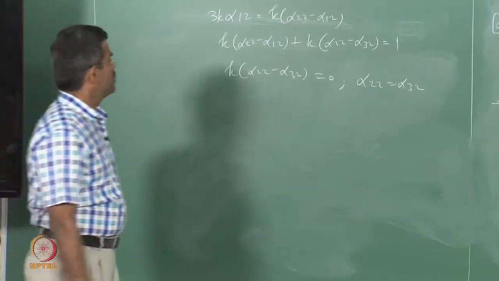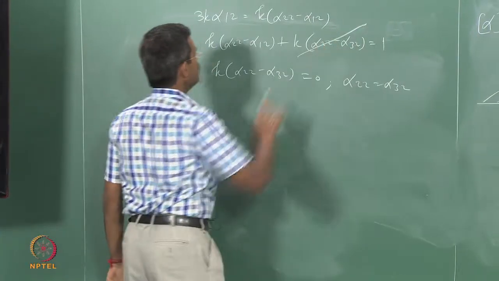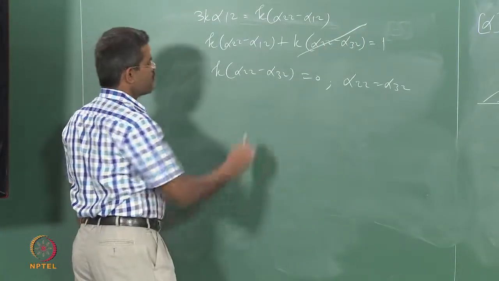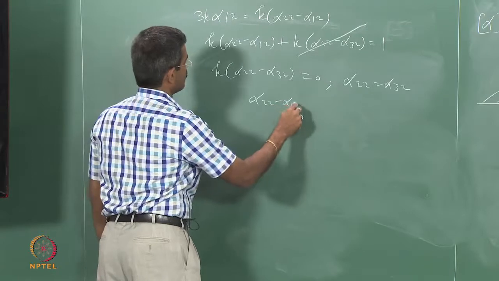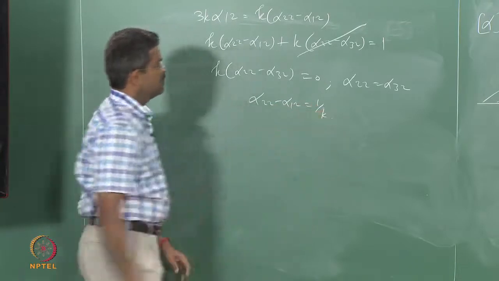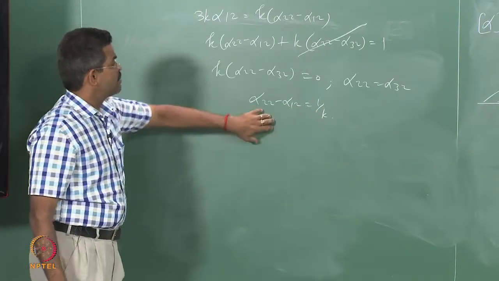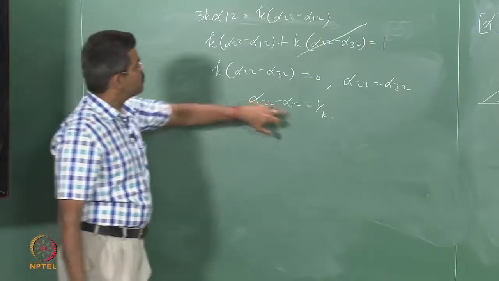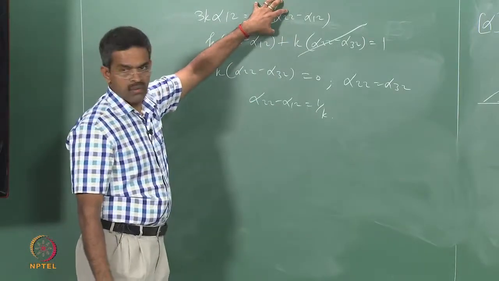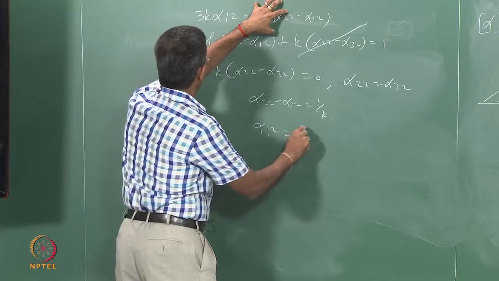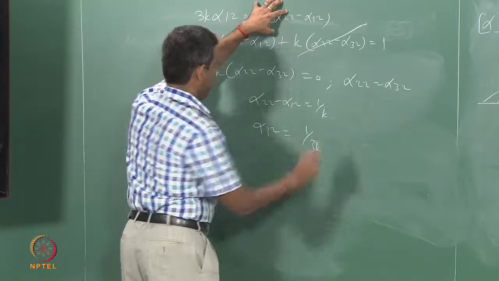So, when I do this, this goes away. So, we can say alpha 2 2 minus alpha 1 2 is 1 by k from this equation. I substitute back here because this is going to be 1 by k, this becomes 1. Therefore, alpha 1 2 will be 1 by 3k.